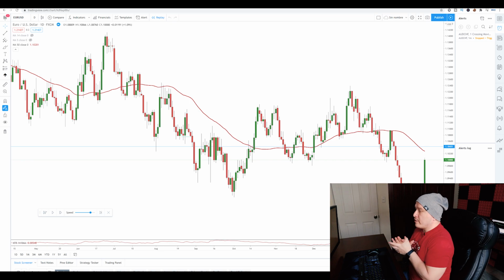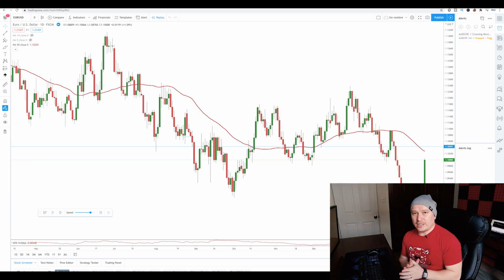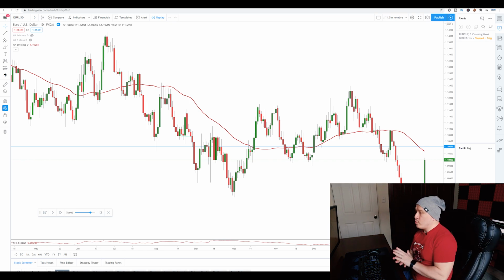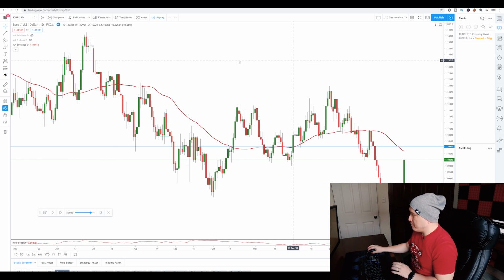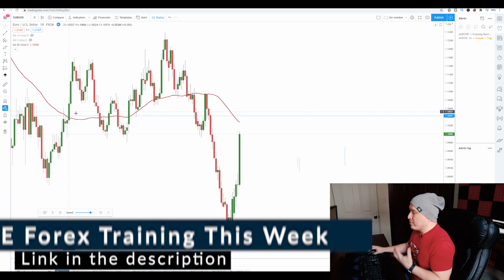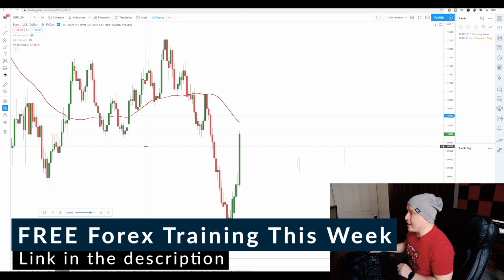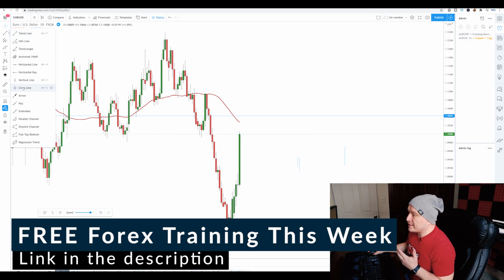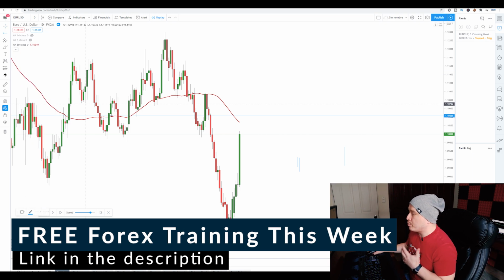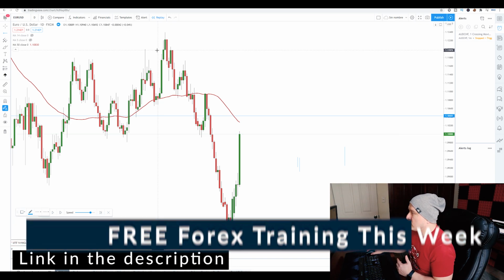Okay everyone, so the first thing that we need to do is actually to identify different support and resistance levels, okay? I'm using a daily chart right now because like I said, this is a swing trading strategy. So what I'm going to do is look for a support and resistance level that's actually being respected, such as this one, for instance.